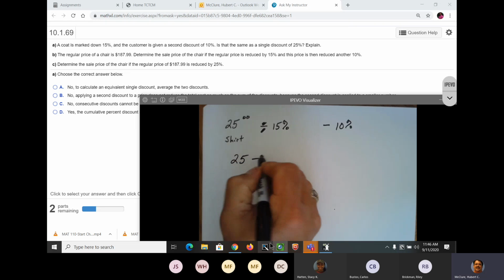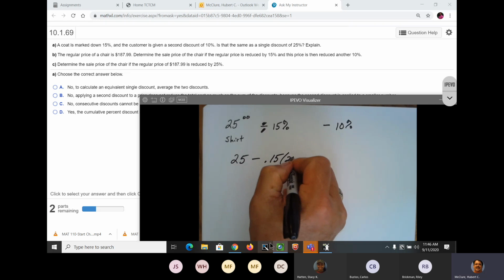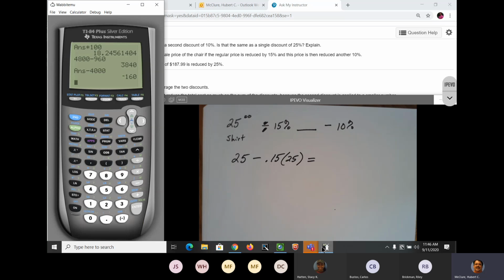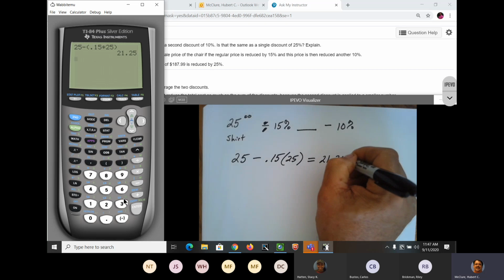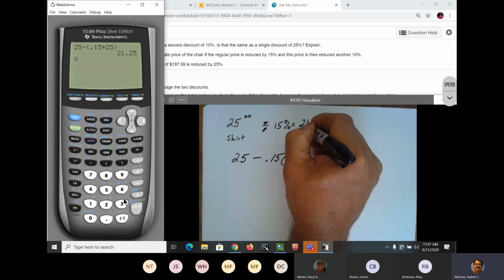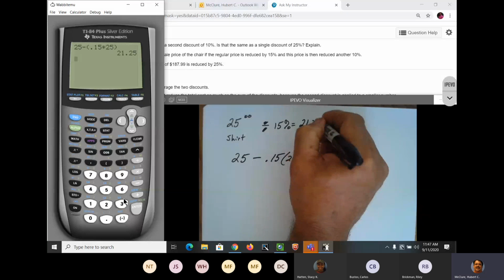So let's do that. 25 minus 0.15 of 25 is equal to that price. Take my handy dandy calculator: 25 minus parentheses 0.15 times 25. That gives me 21.25. Now I'm going to reduce that by 10%.